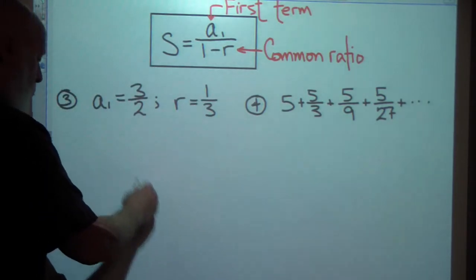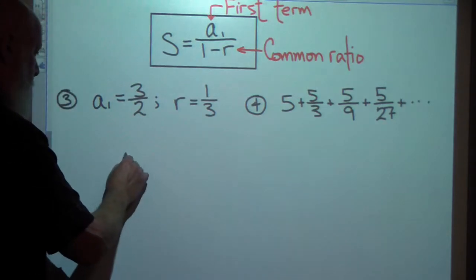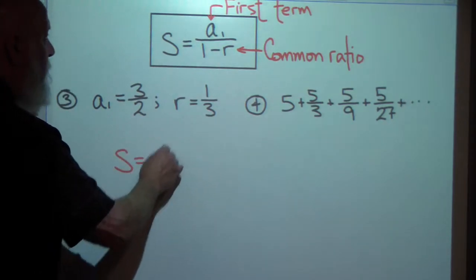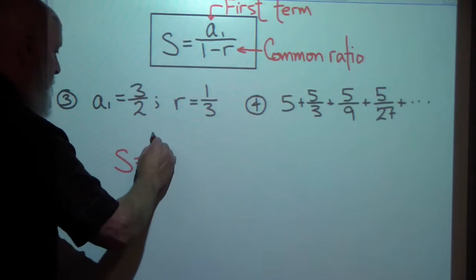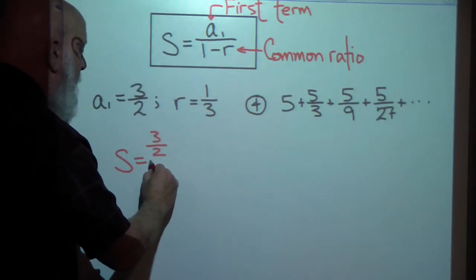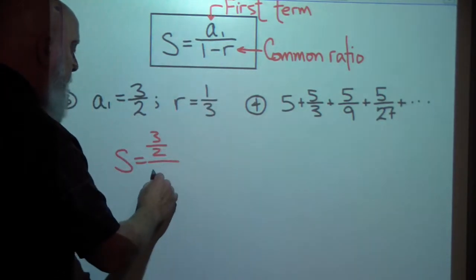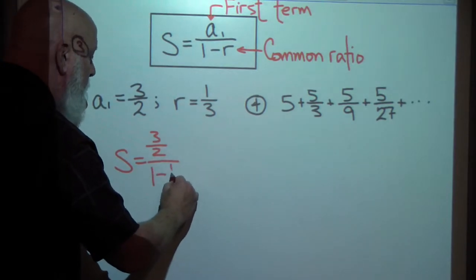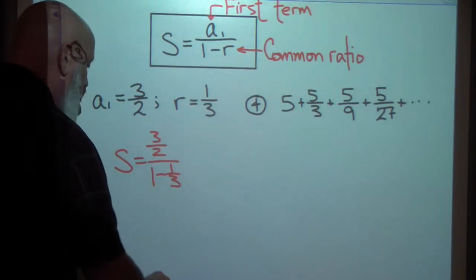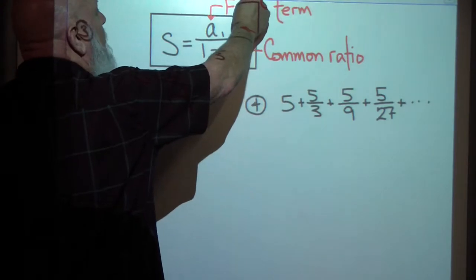So here we go. The sum of this infinite series is equal to A sub 1, that's the first term, divided by 1 minus R. Okay, now we've got some arithmetic to do. I'm going to clean that up a little bit.